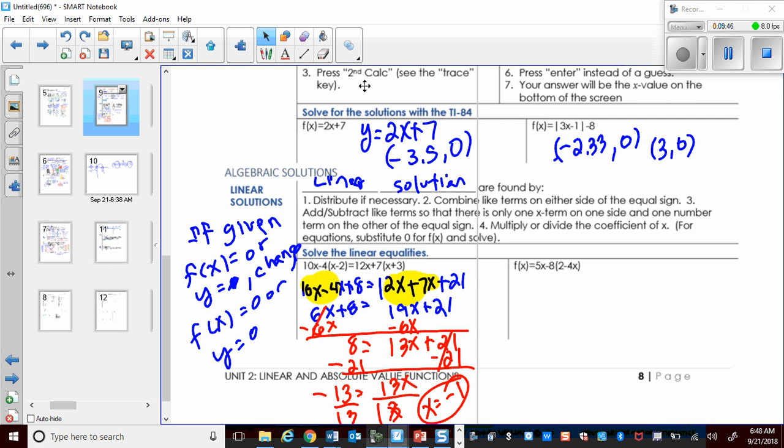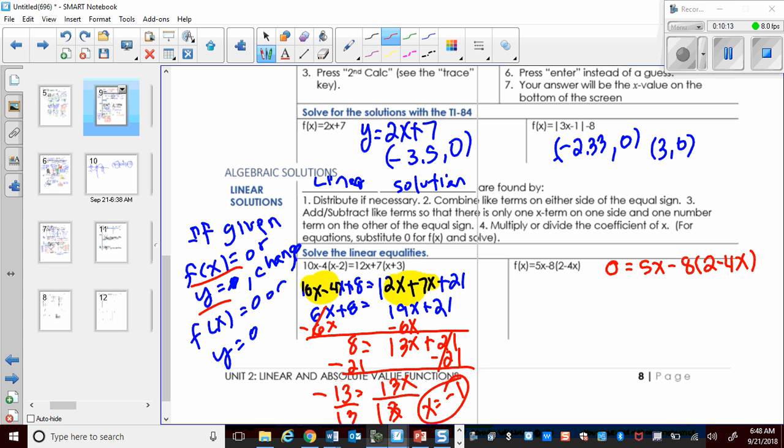On the other hand, my second equation says f of x equals 5x minus 8 times the quantity of 2 minus 4x. Now remember what I said, if you're given f of x or y equals, you're going to change those to 0. So this becomes 0 equals 5x minus 8 times the quantity of 2 minus 4x, and then you're going to solve for x.